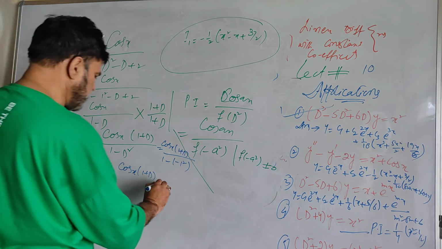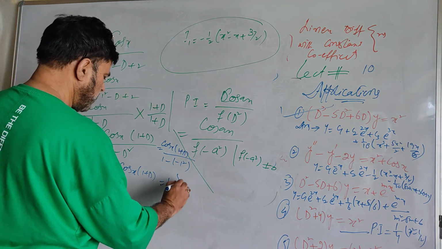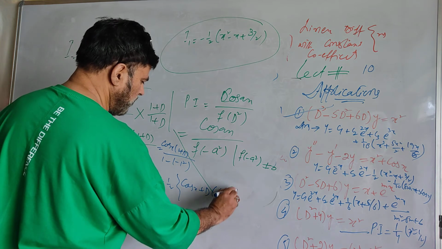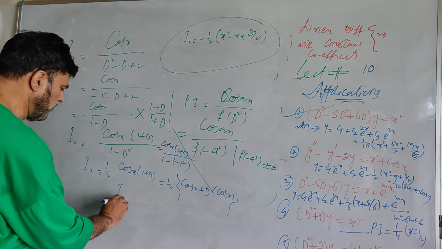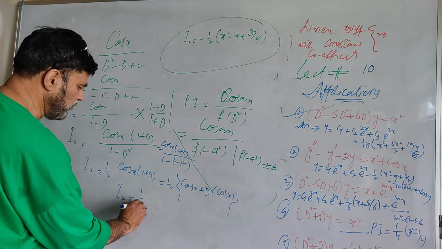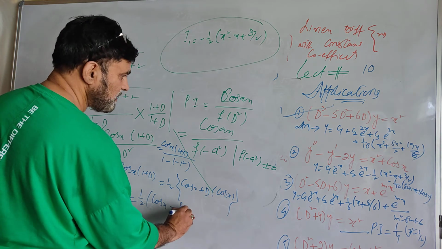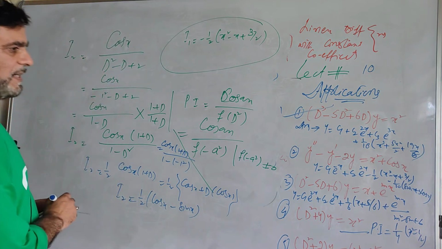Now operate this on cos x. It is 1 by 2 cos x plus d of cos x. So I2 I have got, it is 1 by 2 cos x. Derivative of cos x is minus sin x. It is minus sin x.